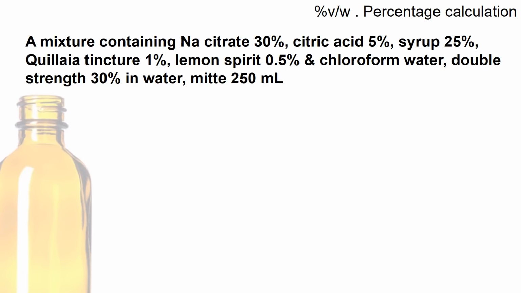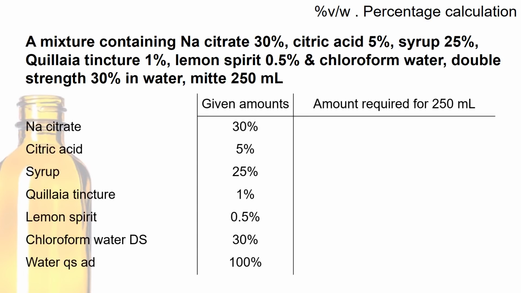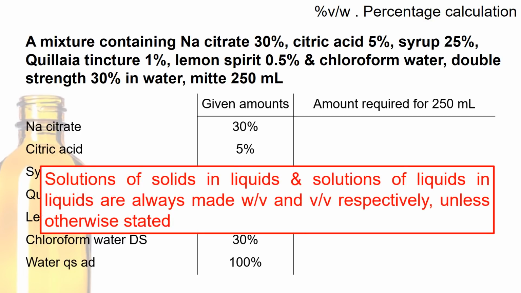We have finished discussing the different types of expressions of percentage in pharmaceutical calculations. Given that you have an example like this, where you have a mixture of solid and liquid, and everything is expressed in percentage, to identify which percentage is being referred to, remember these golden rules.